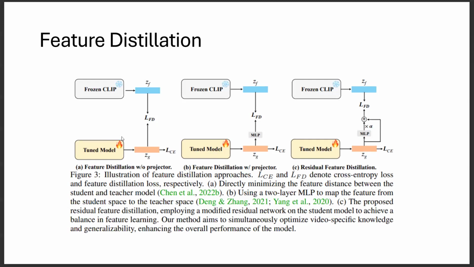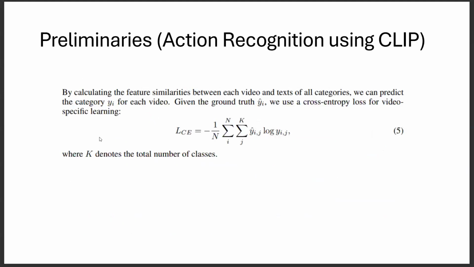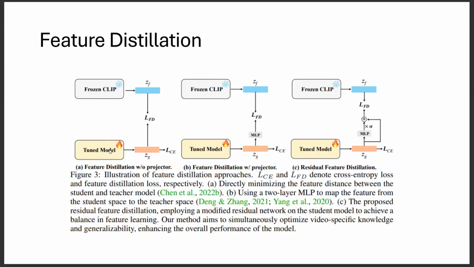But the problem is, if we just use L2 loss on the student model's embedding and the teacher model's embedding, the flexibility of the student model to be fine-tuned to a particular dataset is much less compared to the teacher model, because we are forcing it to be exactly the same as the teacher model, so it cannot be fine-tuned.